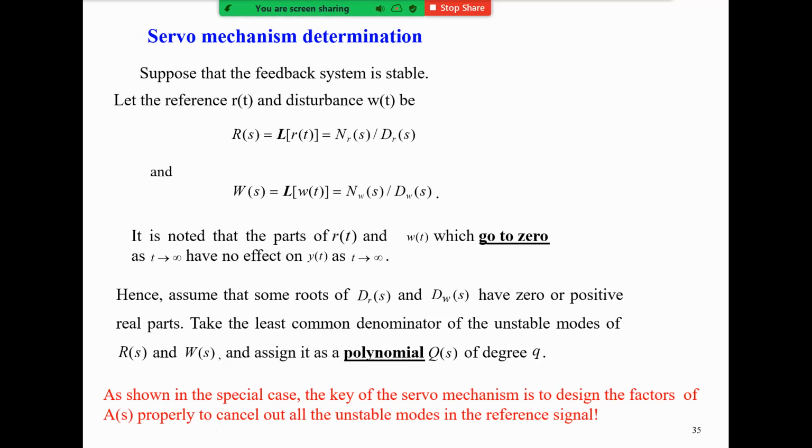And I just showed you, right, in order to make the output error go to 0, we need to include those unstable factors inside the controller, right? That will be the key in the design. Why are we going to do that? Because we know that in the final solution of the output, or in the final solution of the error signal, the unstable factors will be in the expression, right? And then we have to cancel them out.